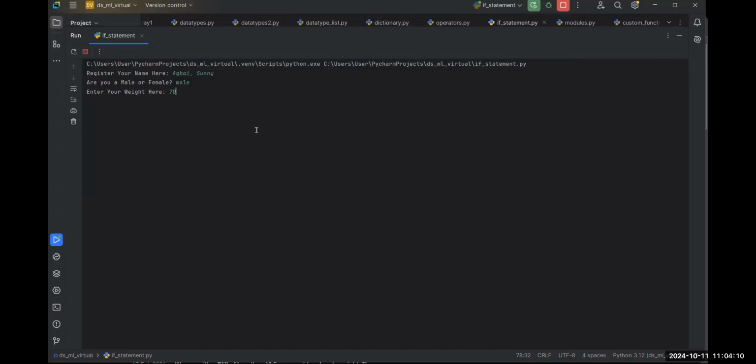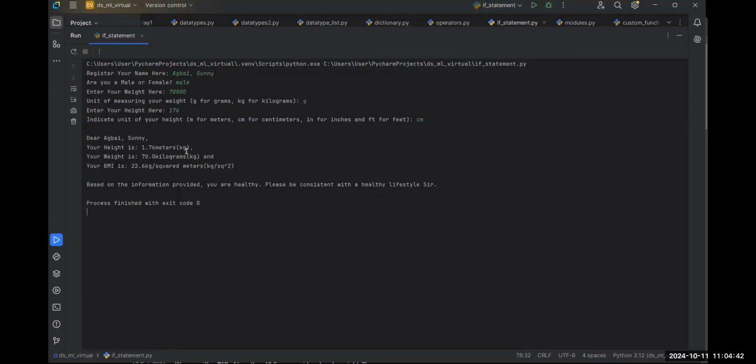Okay, we're using 70,000 grams. Now we said we use grams here, and then enter your height here. We are now using 176 cm.